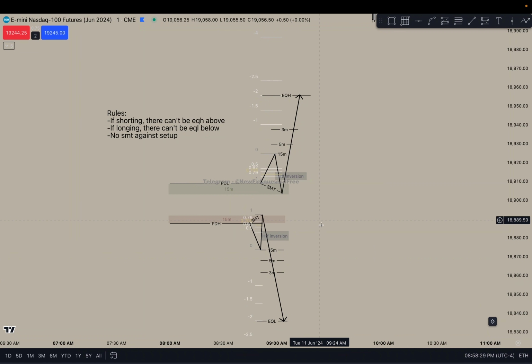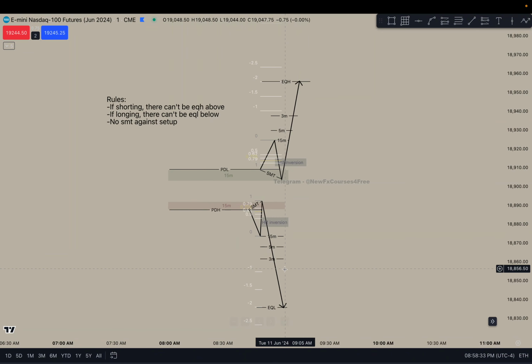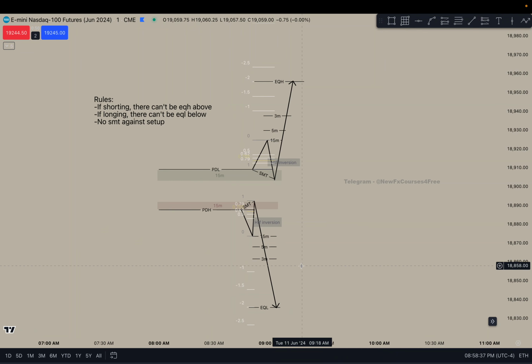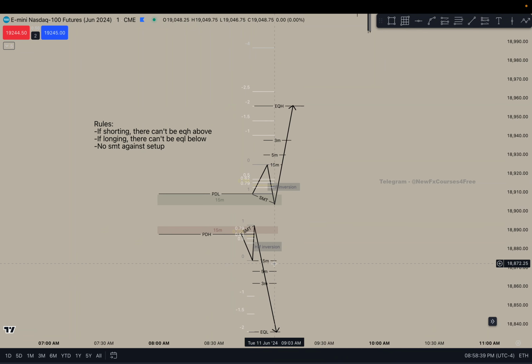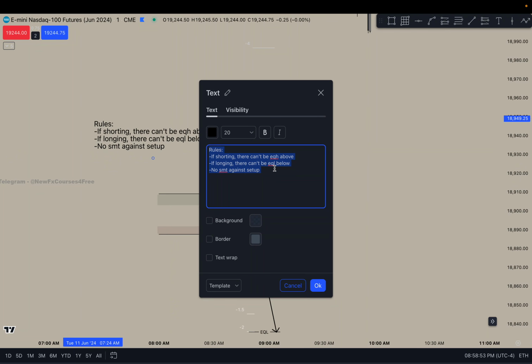No, unless you're drawing liquidity super clear, unless there's a very clear higher time frame narrative. If not, then yeah, you'll see me take this sometimes where there will be an SMT here, and I won't care about it because there is the higher time frame narrative. But literally, simply mechanical, zero brain, your dog could do this trade. There can't be an SMT against setup. I'd say against buys.